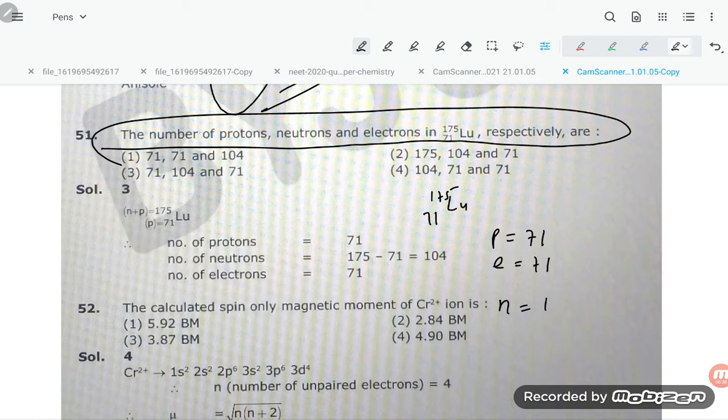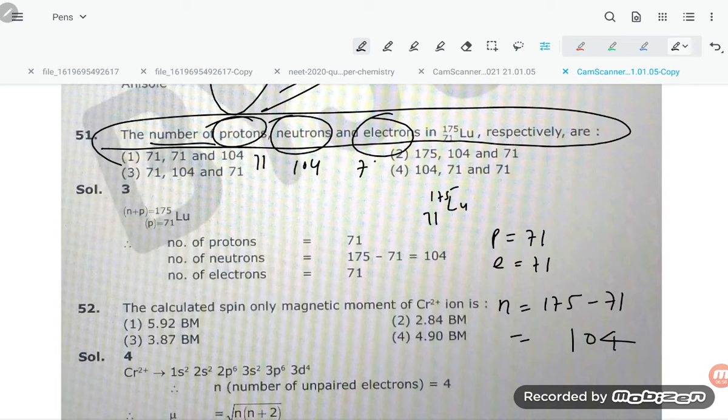N is equal to 175 minus 71, which comes to 104. So protons 71, neutrons 104 and electrons 71. Option number 3 is correct.